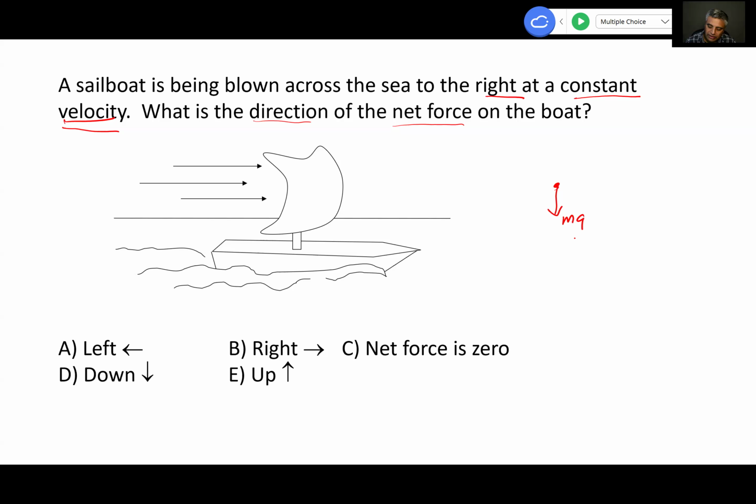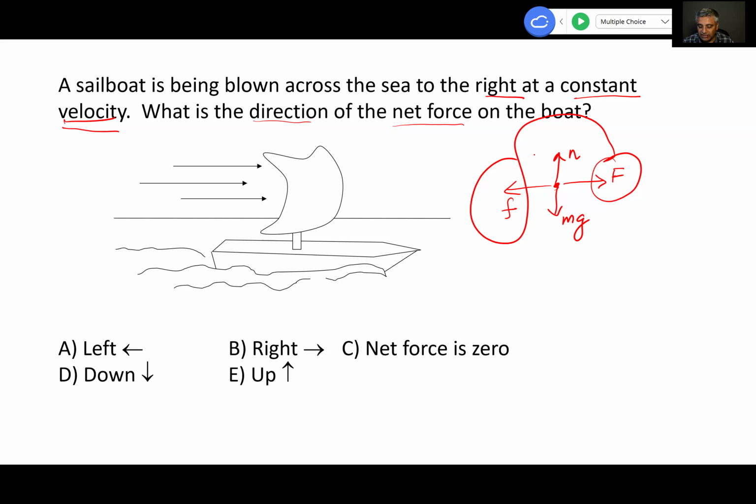Mg, and let's say normal force, and there is force from the wind, applied force, and there is some sort of friction force from maybe the water. Okay. So the wind force is just pushing this to balance the drag from the water. It's called drag, friction.